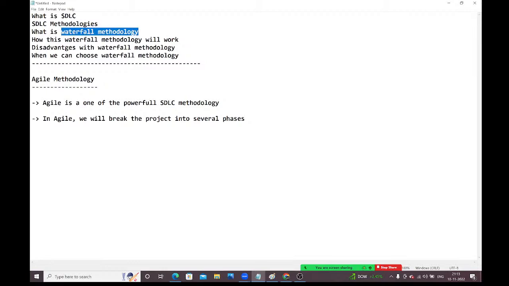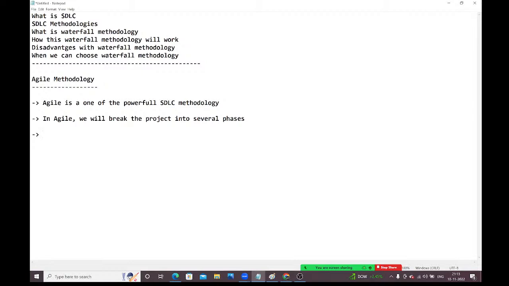Whatever project we have, we need to break it into several phases. In Agile terminology, phases are nothing but sprints. We need to divide the project into several sprints, guys.